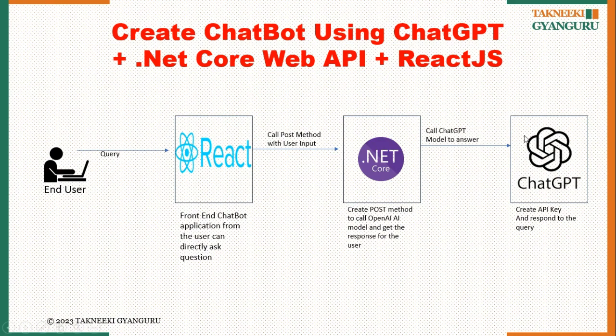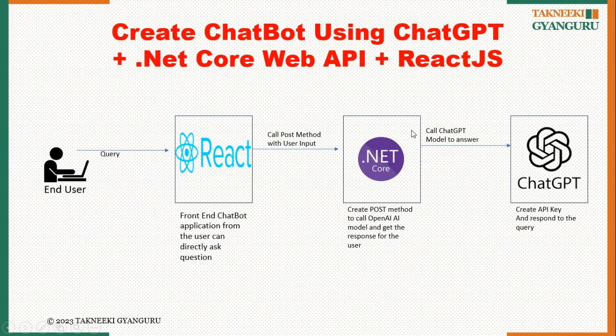Once it calls the OpenAI model from ChatGPT, how will this call work? The .NET Core API needs an authentication method to authenticate with ChatGPT. So we will create an API key. That API key will be generated through ChatGPT or OpenAI, and then saved in .NET Core.